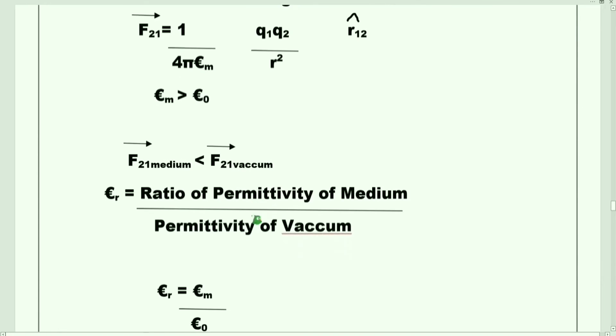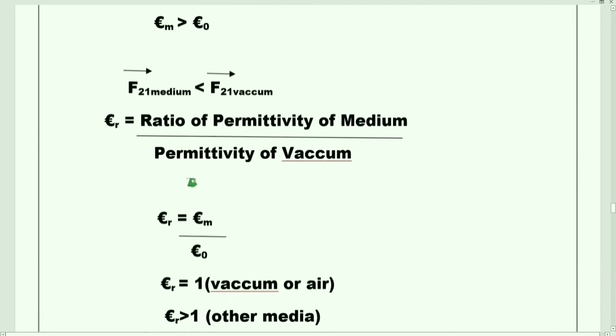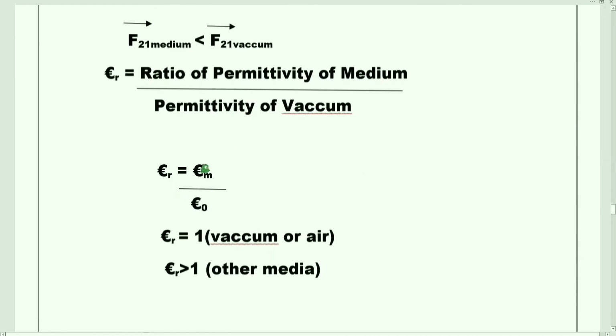The relative permittivity of a given medium, epsilon r, is the ratio of the permittivity of the medium to the permittivity of vacuum. That is, epsilon r is equal to epsilon m by epsilon naught. For vacuum or air, we know that epsilon r is equal to 1. For any other medium, it is greater than 1.